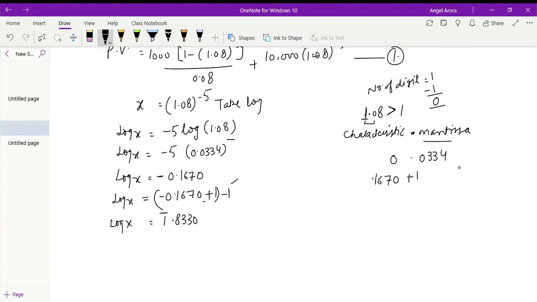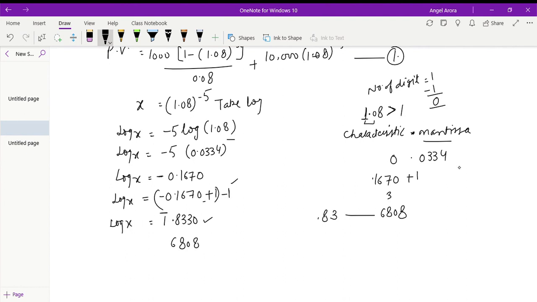Now we have to find out the antilog value of this value. For antilog, we should consider only the mantissa part first. So 0.8330. So corresponding to 83 in the antilog value chart, under column number 3, what value has been given? This value is 6808. So 6808.